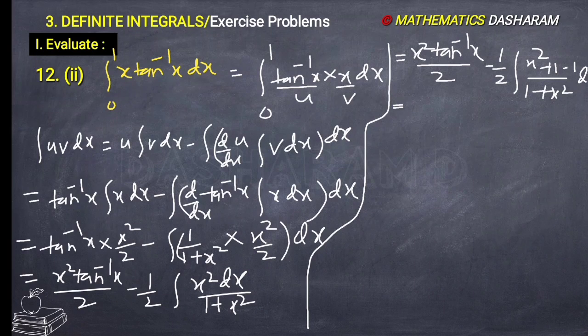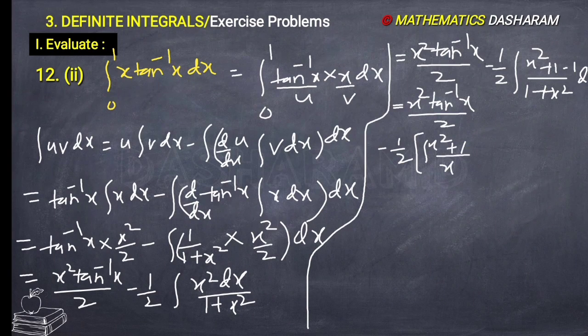Then it is equal to minus 1 by 2 bracket of, split into two fractions. One is x square plus 1 by 1 plus x square, plus 1 by 1 plus x square minus 1 by 1 plus x square.